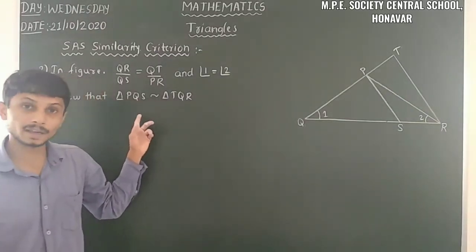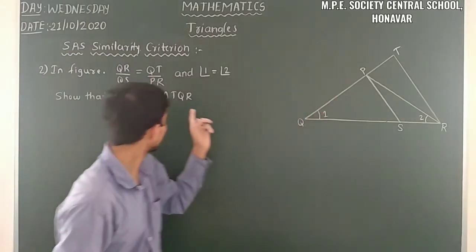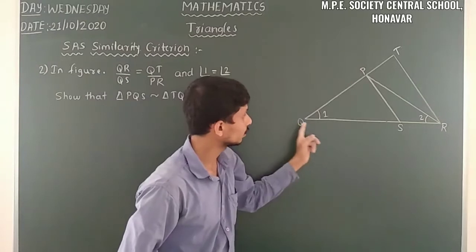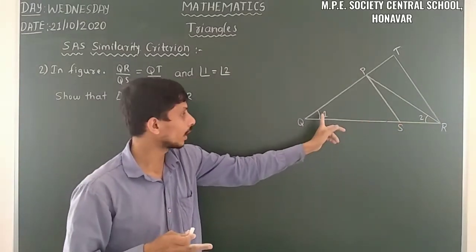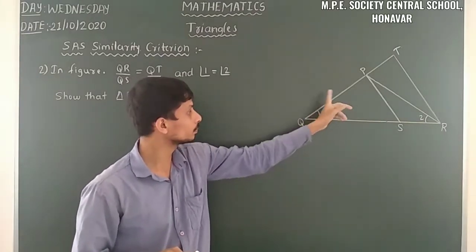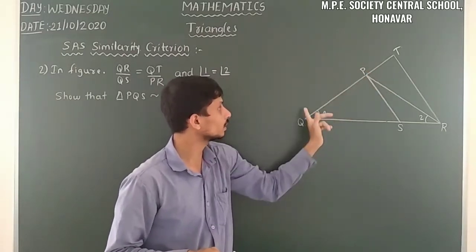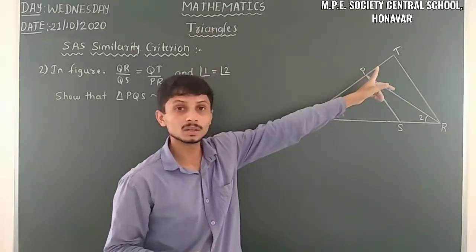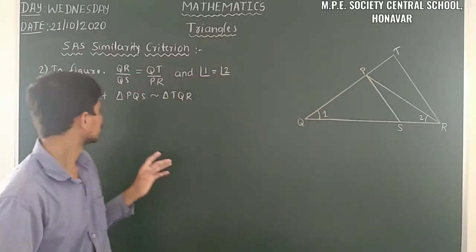Just look at the triangles here, PQS and TQR. We have to take angle 1, so in PQS and TQR we have to take QP by QT and QS by QR.